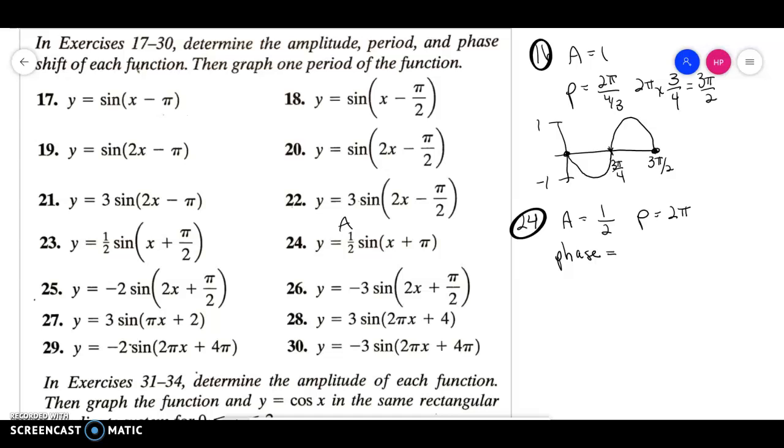A is the 1/2, B is the 1, and C is the pi. And so it is going to be simply pi over 1. But again, because that's a plus and this was written in terms of minus, we actually have to think of that as like a minus a negative pi. And so the phase is actually negative pi to see how that one shifts.